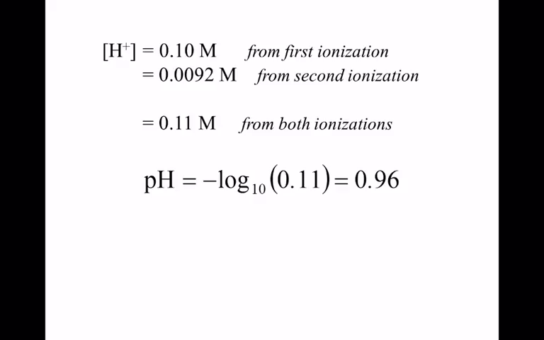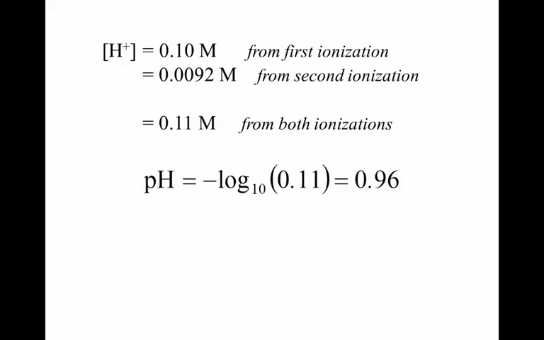So I guess my question is, pretty much from the second ionization on, can you use the simplifying assumption for the most part? In problems like on your test, you can.